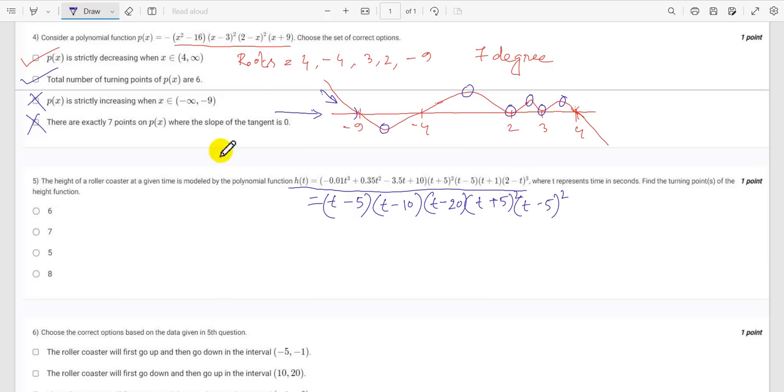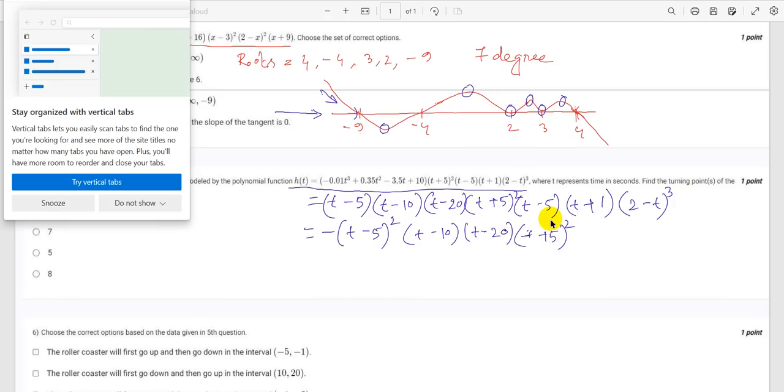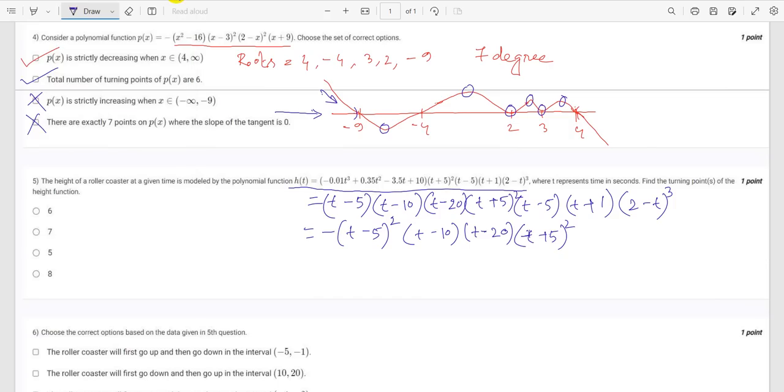It's (t+1) and (2-t) whole cube. Now here is (t-5), and if we take the common minus, we get a minus, and (t-5) whole square, (t-10), (t-20), (t+5) whole square, (t+1) and (t-2) cube.